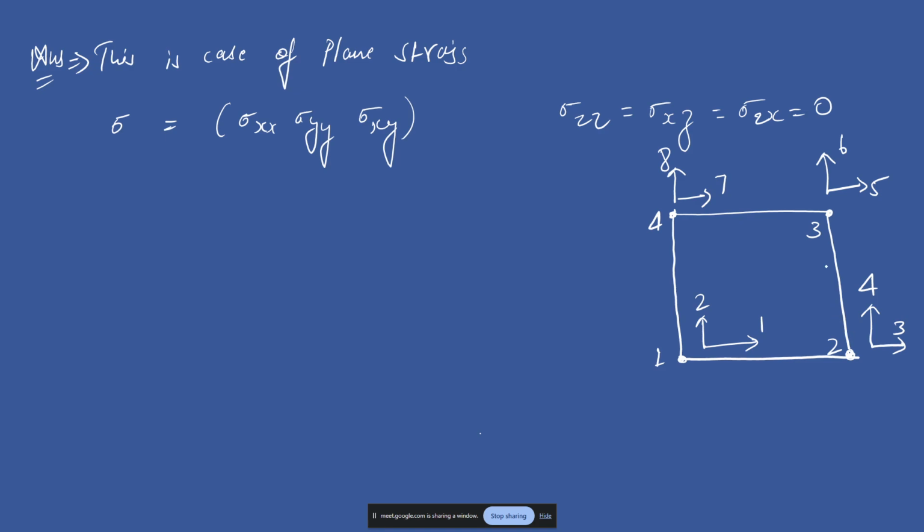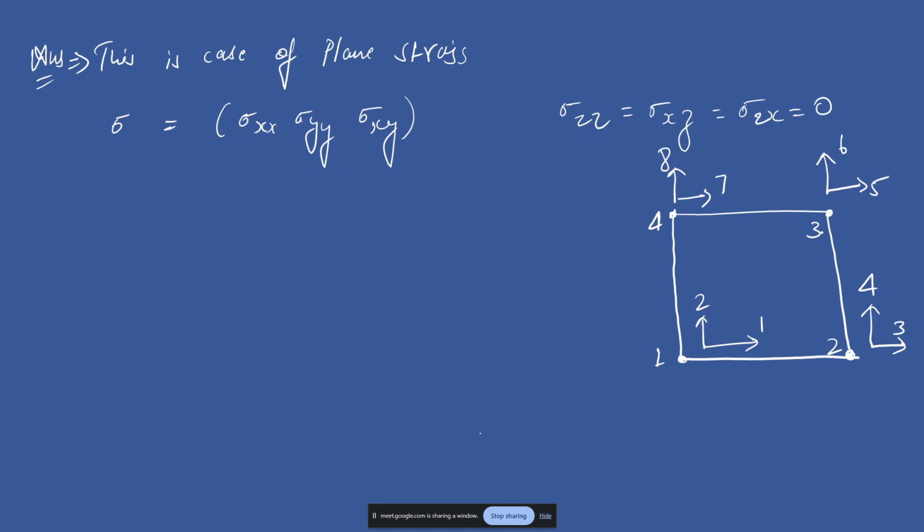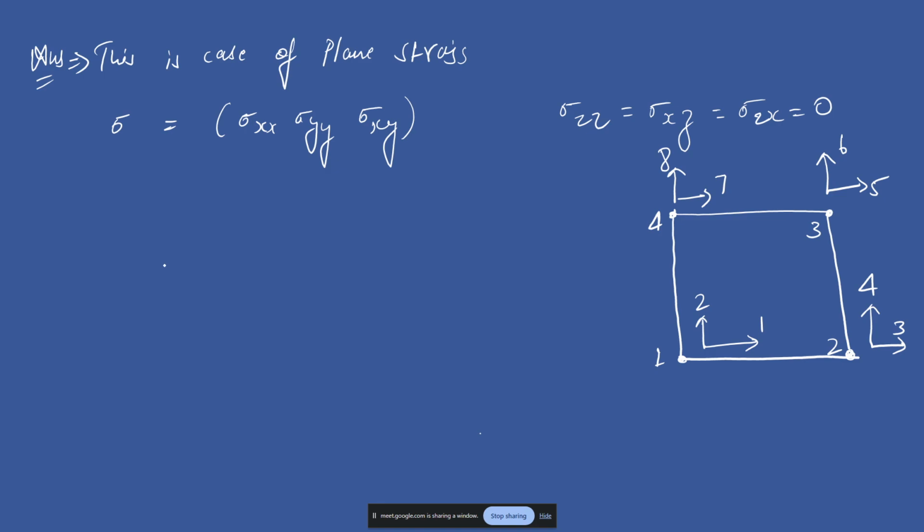So each node is subjected to sigma xx, sigma yy, and then one will be your shear term, right? Once you have this, we can do all the calculations.